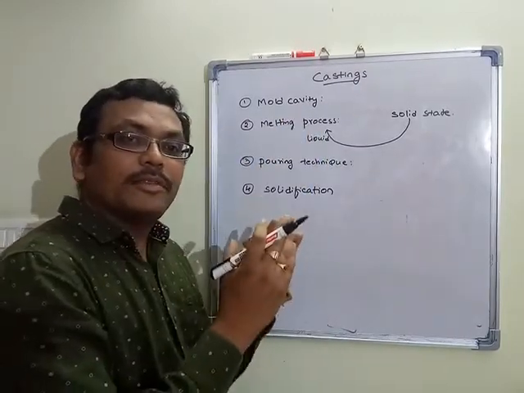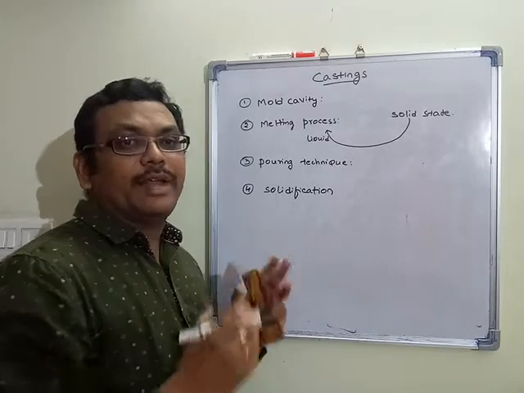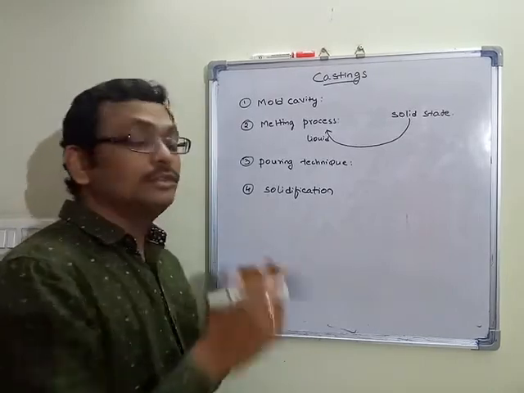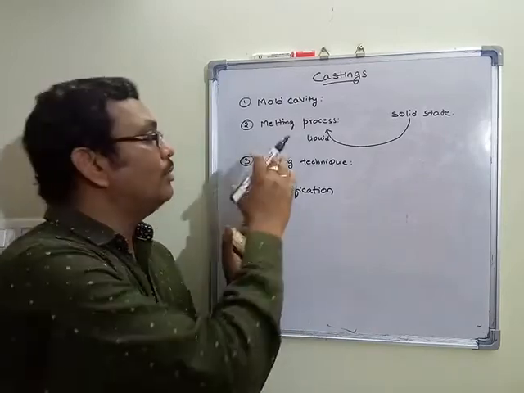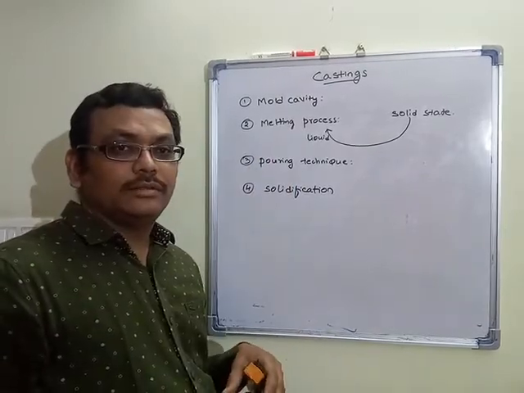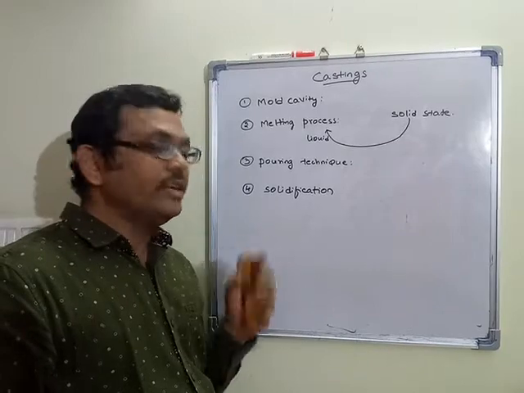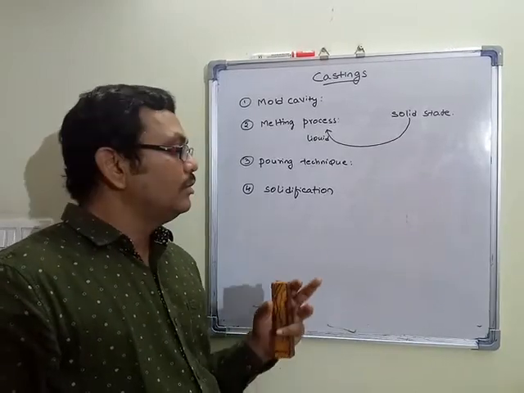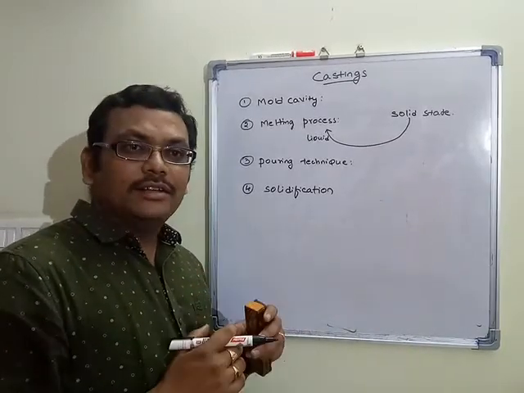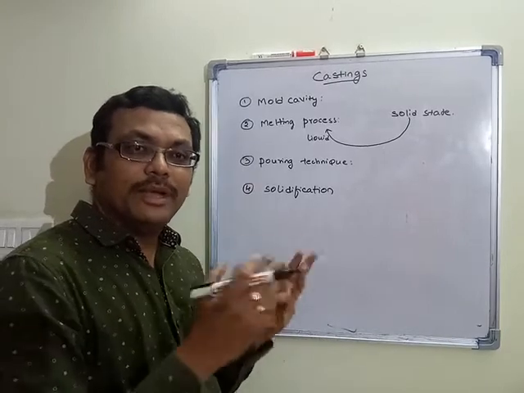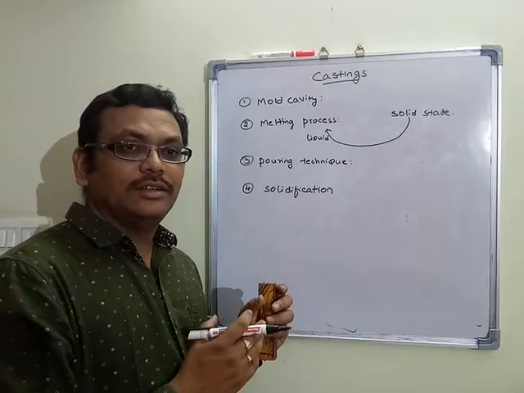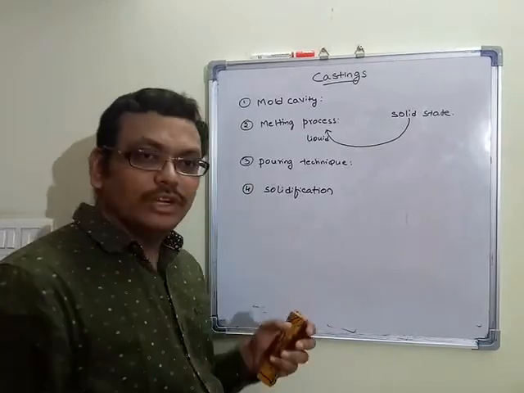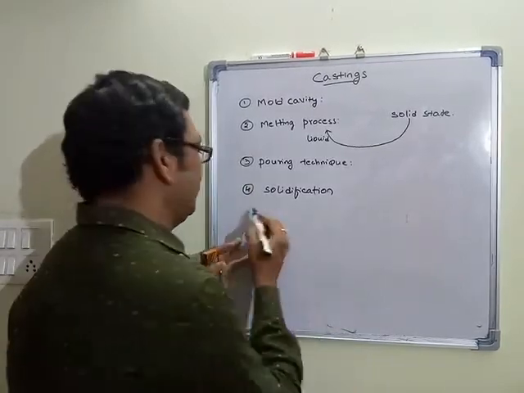It has to hold on for some time, then it has to solidify. That means we have to cool that mold cavity. Why do we need cooling or solidification? For attaining some chemical properties of the casting, we need to do the solidification process, right?